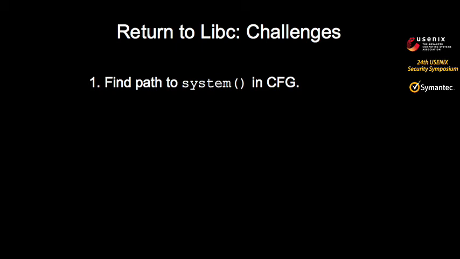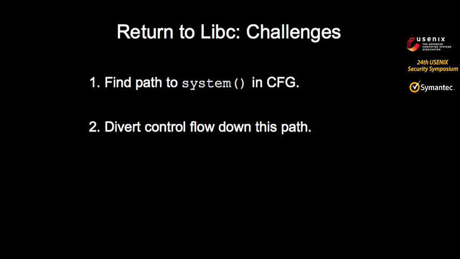So that's not the hard part. The hard part really is being able to divert control flow down the path. And so this takes a lot of manual effort. You think very hard, you look at it, you try a bunch of paths, eventually you hope you find something. And again, controlling the arguments, it turns out if you just pick the destinations right, that's not too hard.